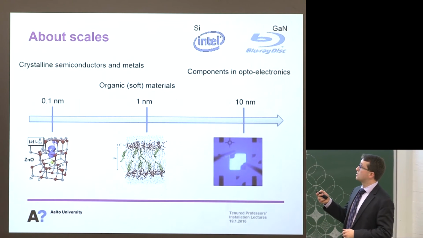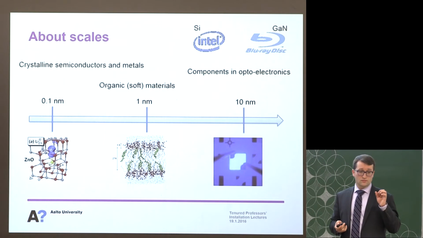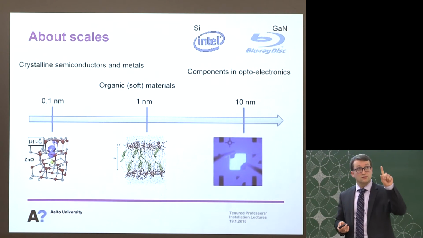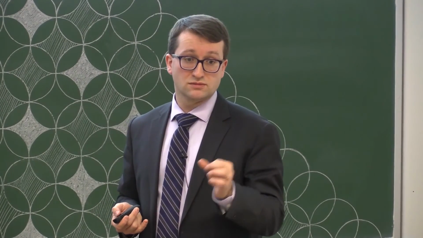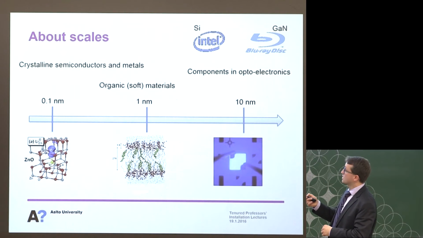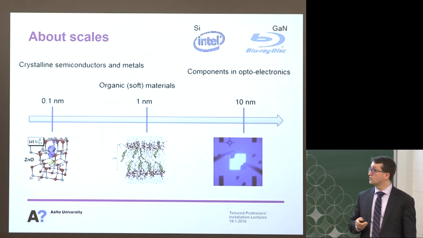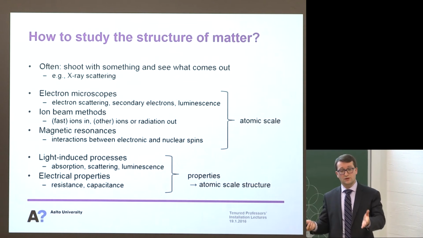And then if you take actual components, say in optoelectronics, they can be on the tens of nanometers up to micron scales. For example, the spot that emits light, if you have an LED light bulb in your house, is not very big actually. And all that's happening inside is defined by things on this scale or atomic scale. So, how to figure out what the structure of a given material is?